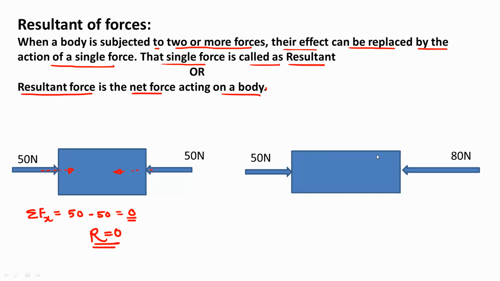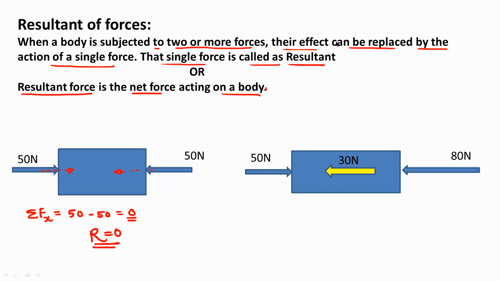That resultant force will act in the negative x direction. Okay. So this value you can observe here, the net value. The net value is 50 minus 80, that is equal to minus 30 Newton. Okay, and as the sign is minus, that means the 30 Newton force is directed towards the negative x direction. So this value is nothing but the resultant force.